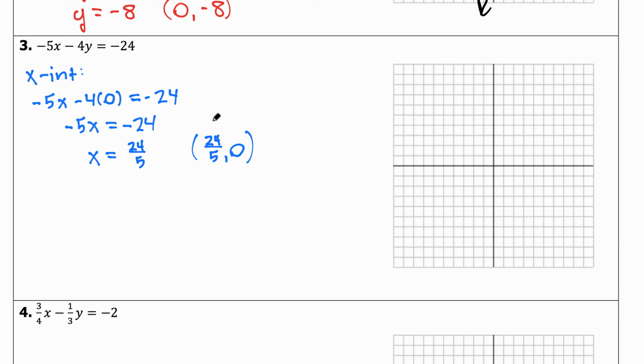And let's think about 24 fifths. That's really 4 and 4 fifths as a mixed number, or 4.8. So on the coordinate plane, that would be just to the left of 5, 0, about right here. And the y-intercept now.